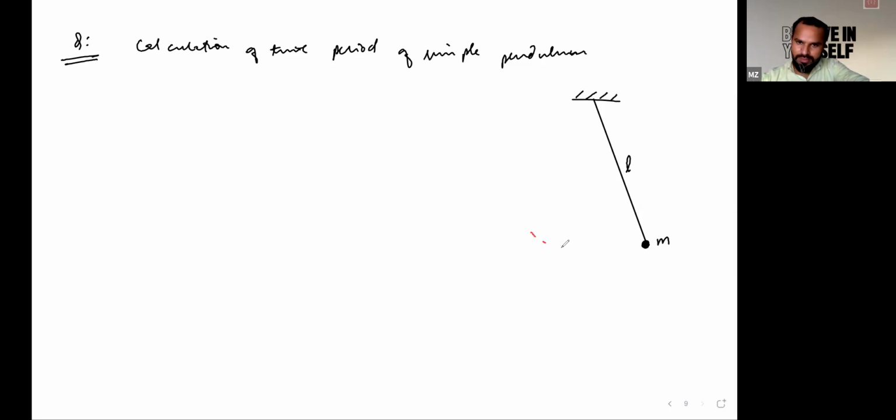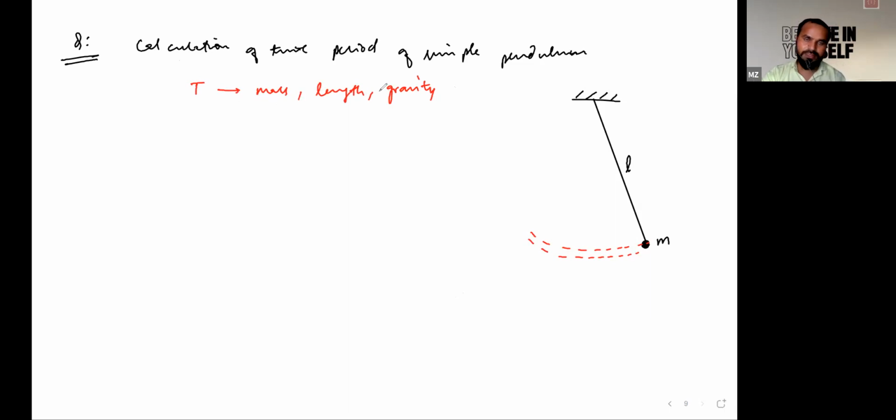So it oscillates to and fro like this. So it would have some fixed time period of oscillation. In the question, they give that the time period depends upon three factors: mass, length of the string, and gravity.